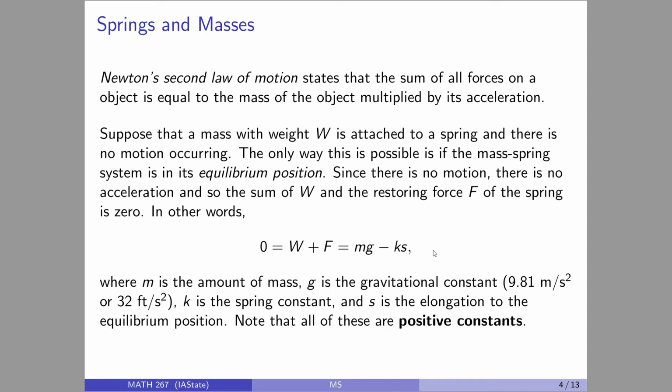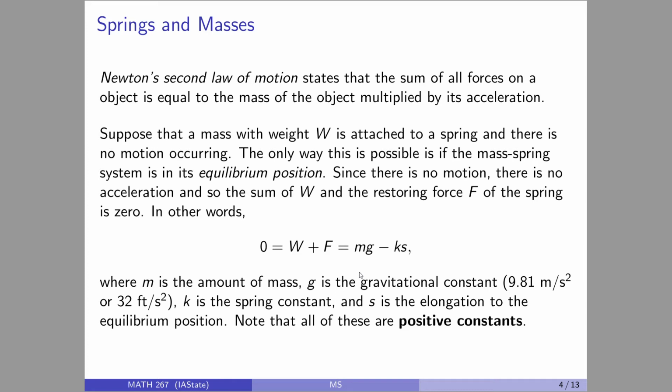S is the elongation to the equilibrium position, right? Where if the mass was attached to the spring, hanging from the ceiling, and no motion was occurring, this equilibrium, this harmonic situation, needs to equal 0. So mg needs to be ks, right? So the restoring force and the weight needed to line up with each other.